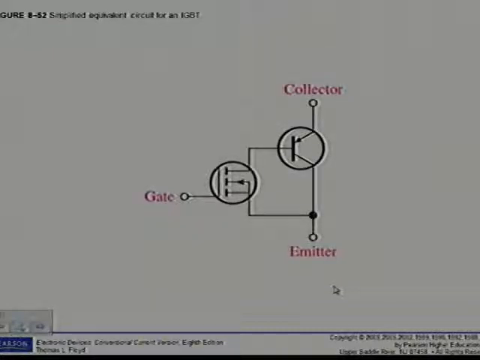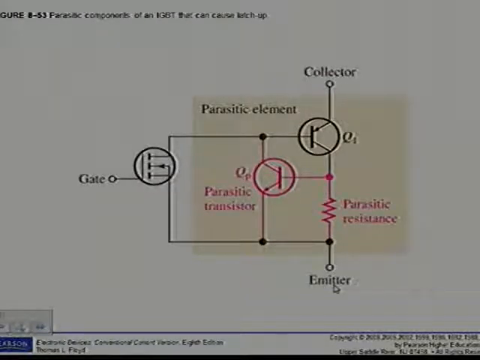The NPNP structure of the IGBT forms a parasitic transistor and an inherent parasitic resistance within the device, as shown in red in figure 8.53. These parasitic components have no effect during normal operation. Underline that because this is important in the operation of the IGBT.